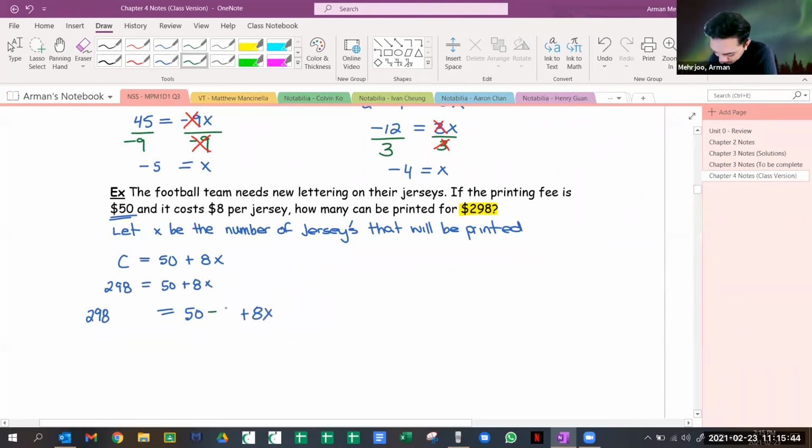So I have to subtract 50 from this side, and I have to subtract 50 from the other side. These 50s will cancel. And over on this side, I'll get 298 minus 50 equals 8x. 298 minus 50 is 248.